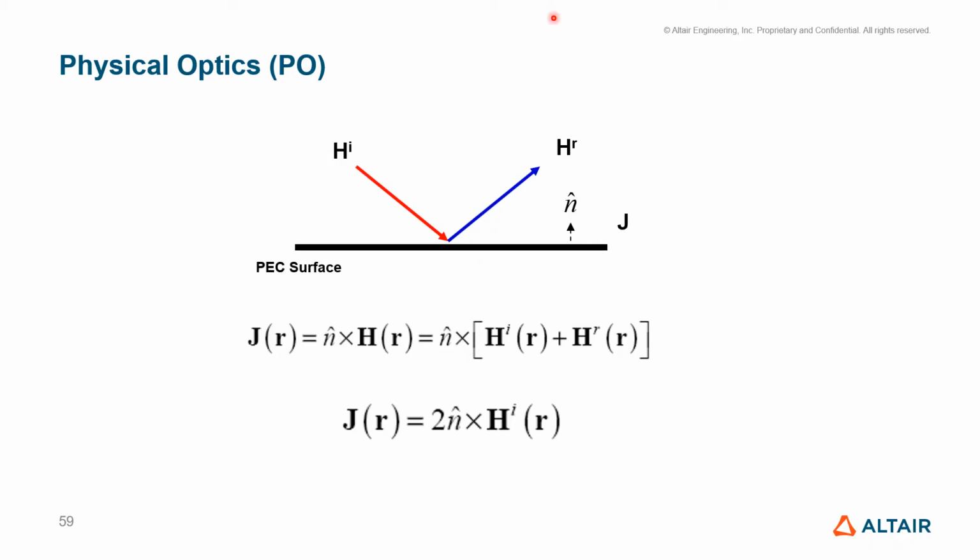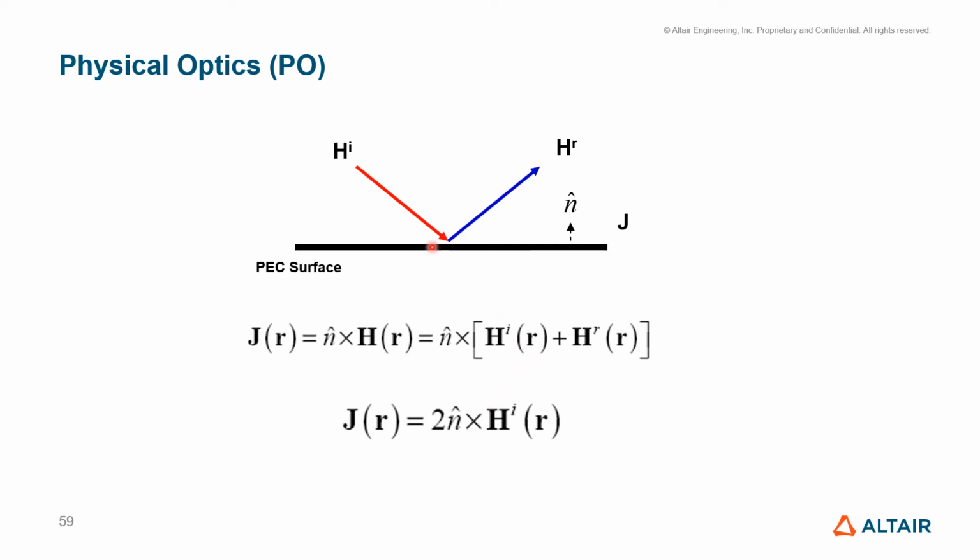This is one slide on physical optics. Essentially, we start with an infinite ground plane as we're showing here. When we have the incident field Hi that is reflected off of the infinite ground plane, giving us Hr, the current on the infinite ground plane is given by n cross H, the total magnetic field, which can be written as a summation of incident and reflected magnetic fields.